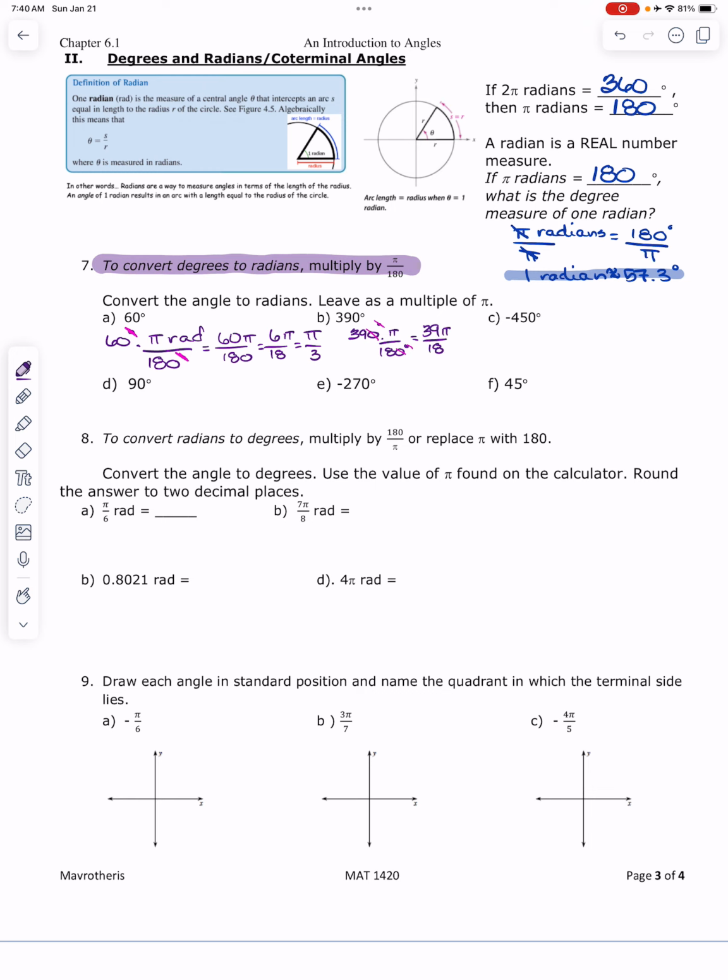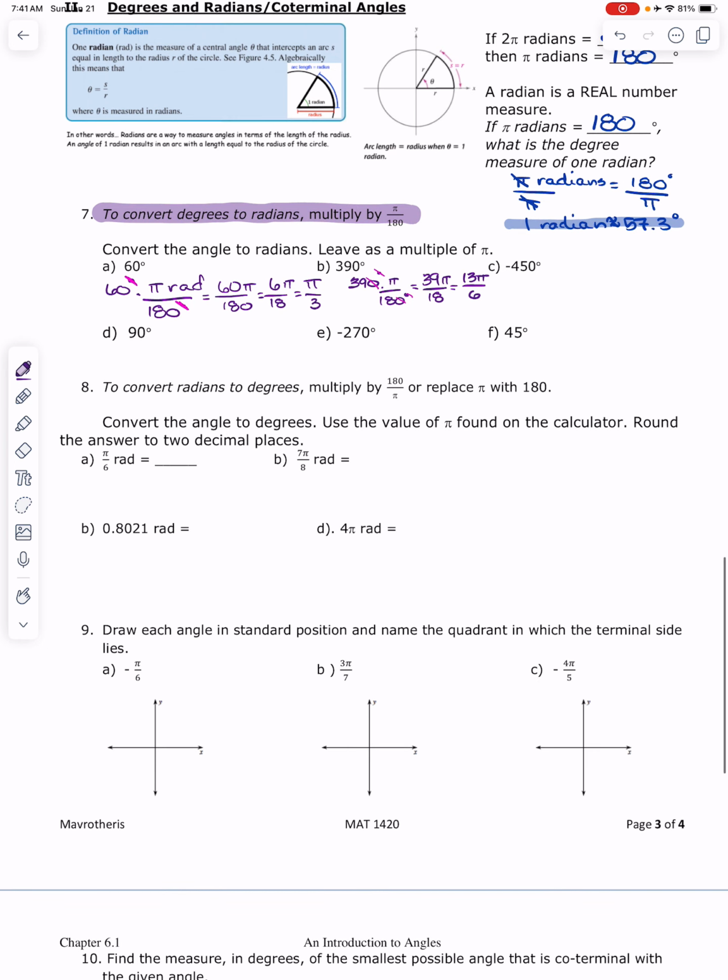That gives 39 pi over 18. I know that 3 goes into both 39 and 18. So I get 13 pi over 6 radians. And I can label this with radians. Typically we don't. It's kind of implied if you see that pi in there that we are dealing with radians.